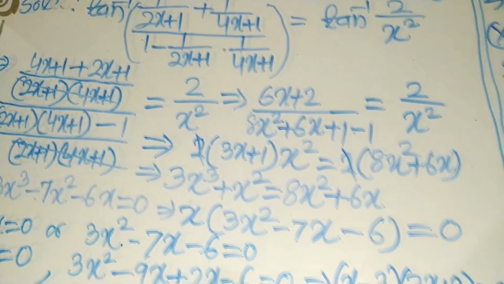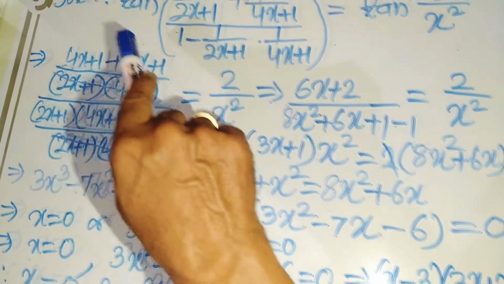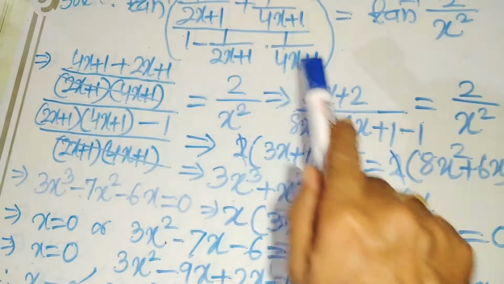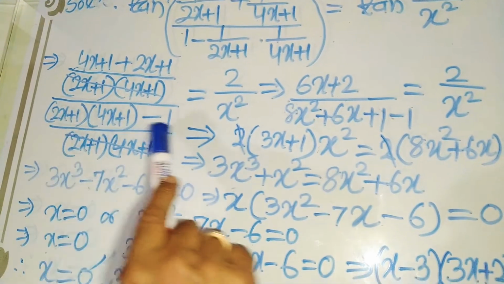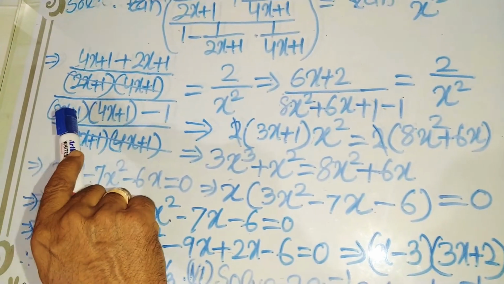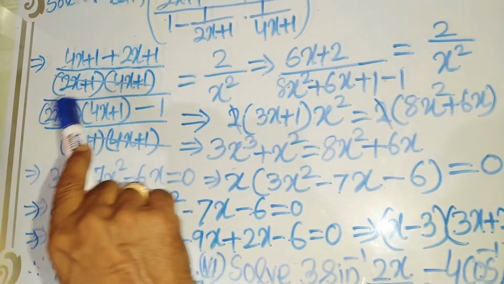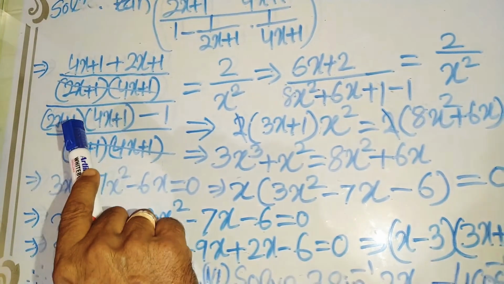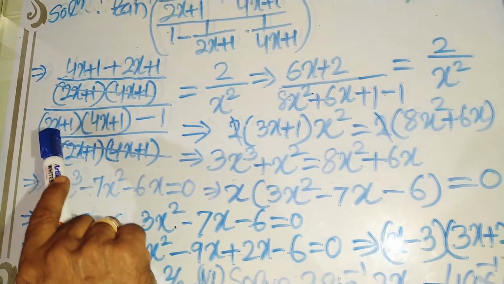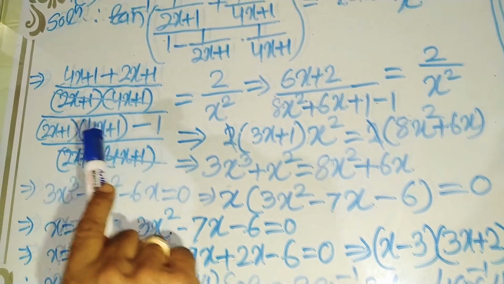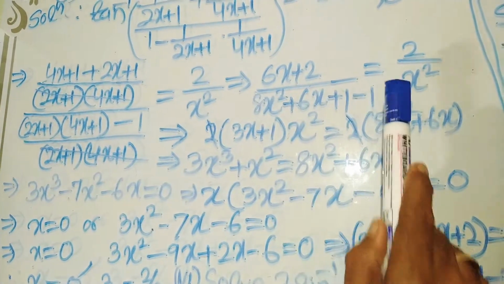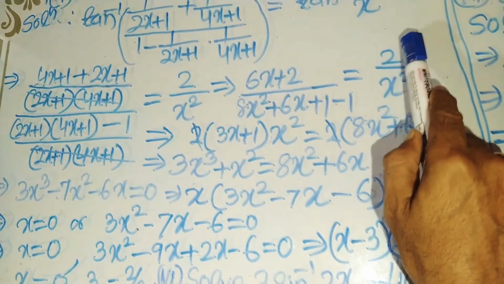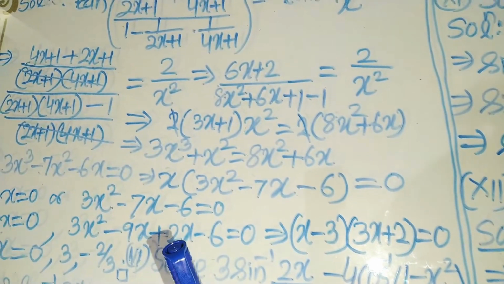Then in the numerator we have 4x plus 2x, that is 6x plus 2, by, in the denominator, we have 2x square plus 2x into 4x, 8x square, then 2x plus 4x is 6x. Here this is plus 1 and minus 1 is equal to 2 by x square.